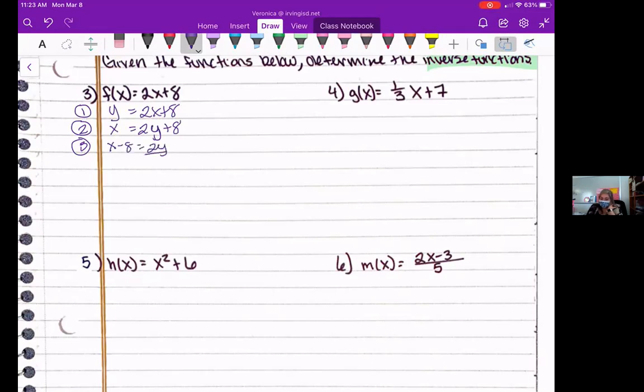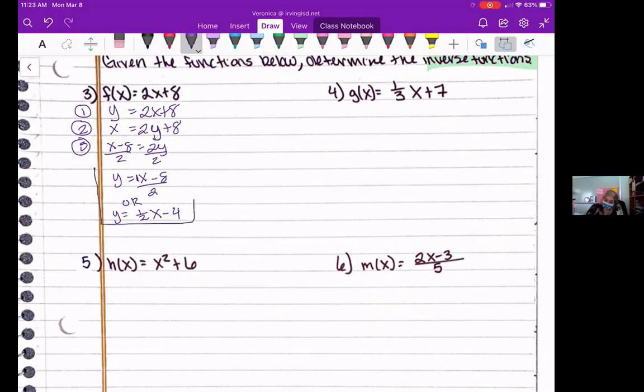And then divide everything by 2. So y equals x minus 8 divided by 2, or you can simplify that to y equals 1/2 x minus 4. That's 1 over 2 x, and then negative 8 divided by 2 would be negative 4.